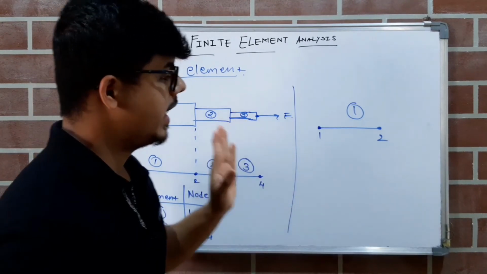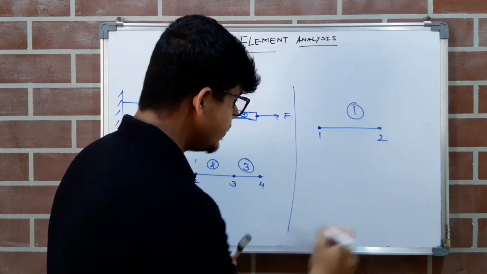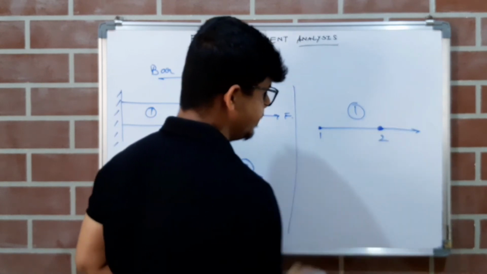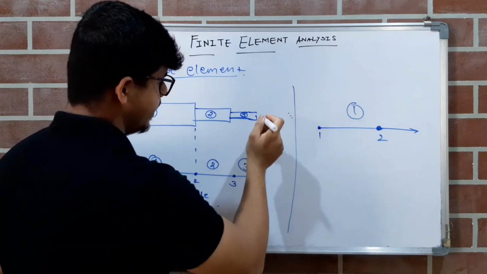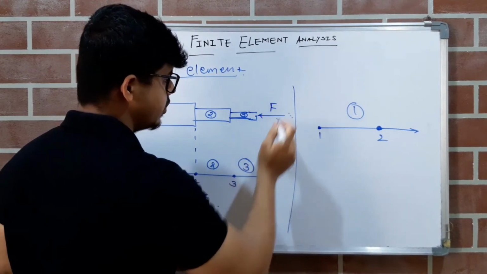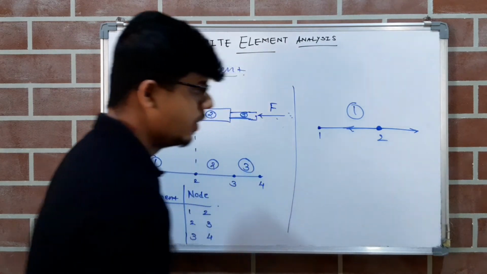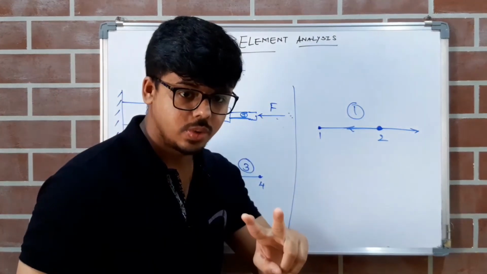As the force is applied in this direction, obviously node 2 will move in this direction, right? Now suppose I am applying force in this direction. It is obvious this node will move in this direction. So in how many directions is node 2 moving? 2?